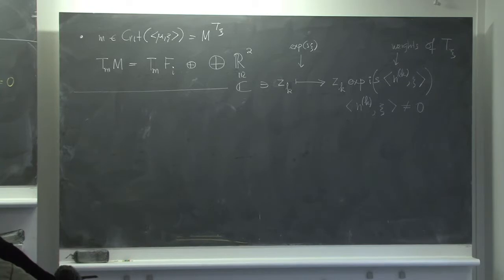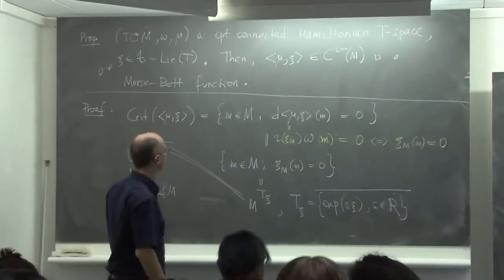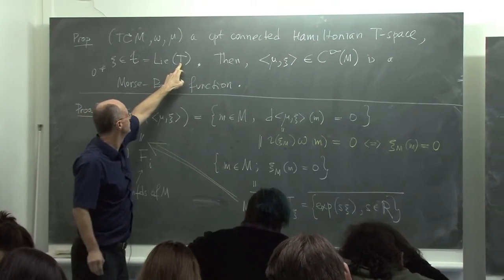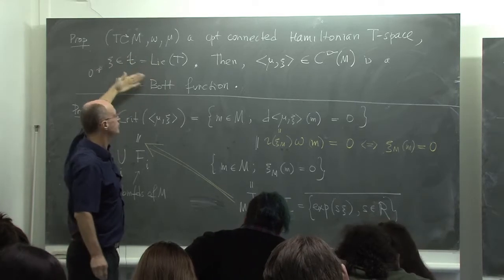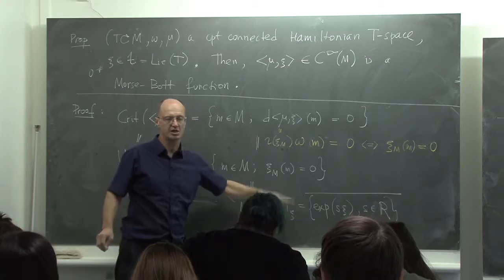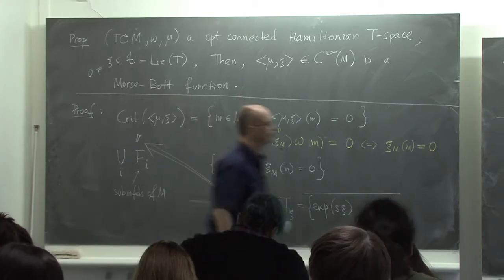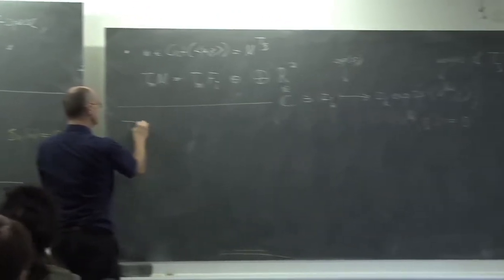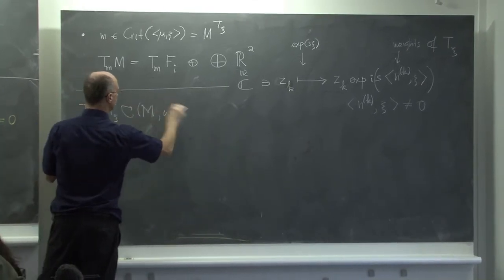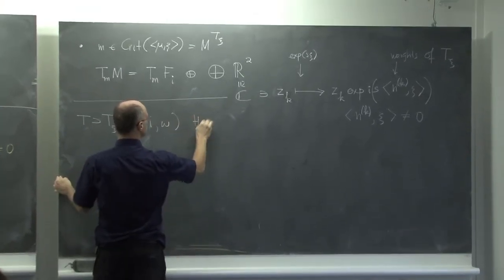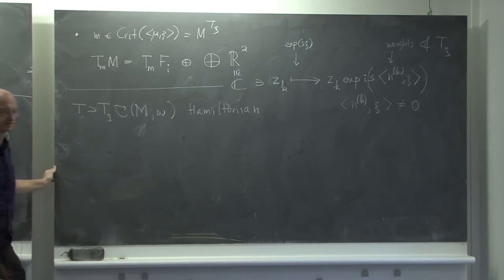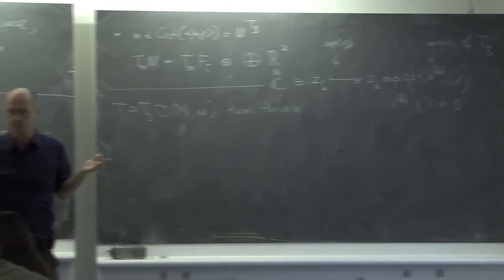Now let's think about it in the following way. So we know that we have a Hamiltonian action of T on M. But then, of course, we also have a Hamiltonian action of T_psi on M. So T_psi is a subtorus of T. So we have T. It contains T_psi. It acts on (M, omega). And this action is Hamiltonian. So what's the moment map?